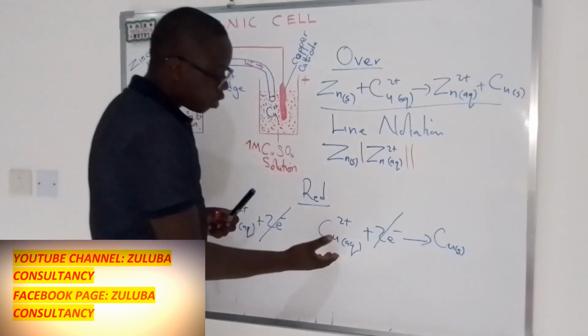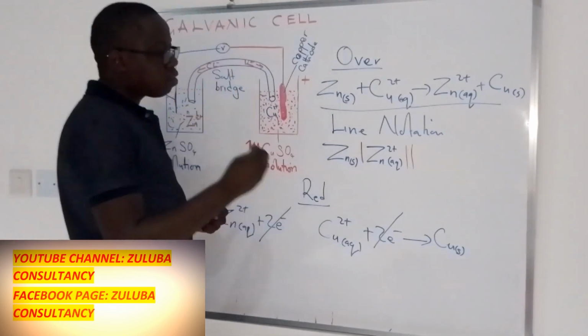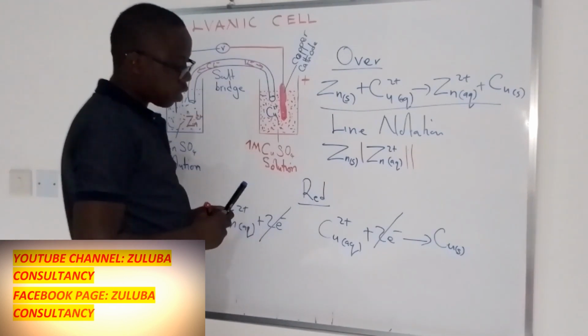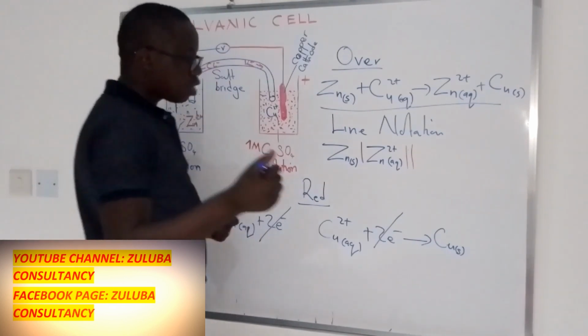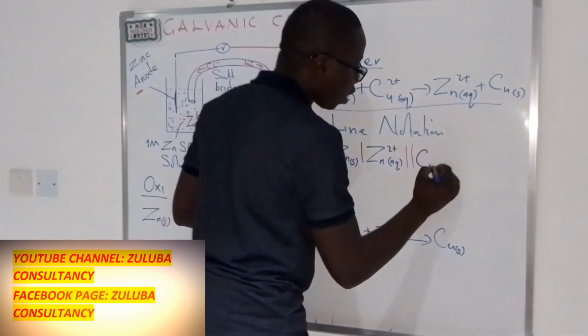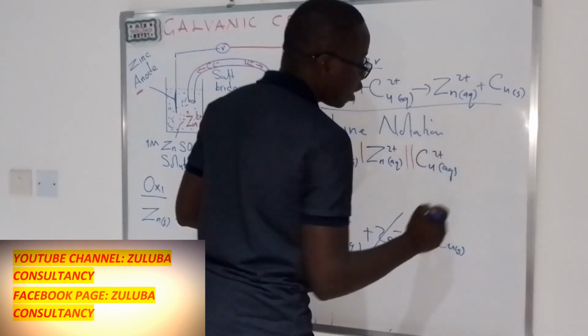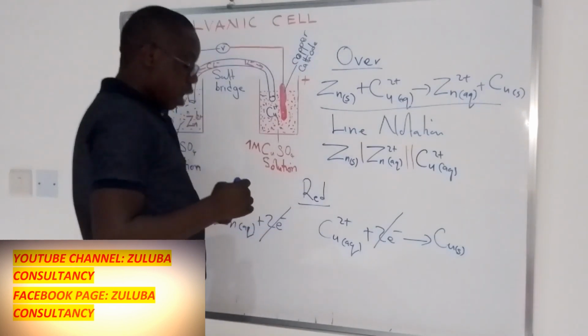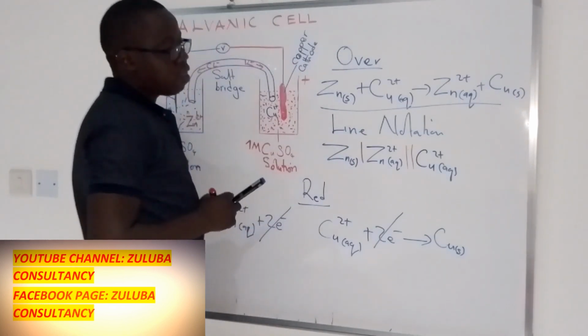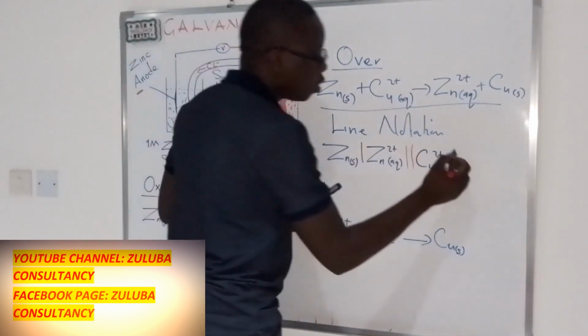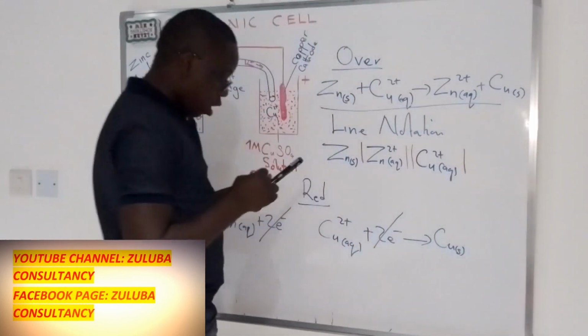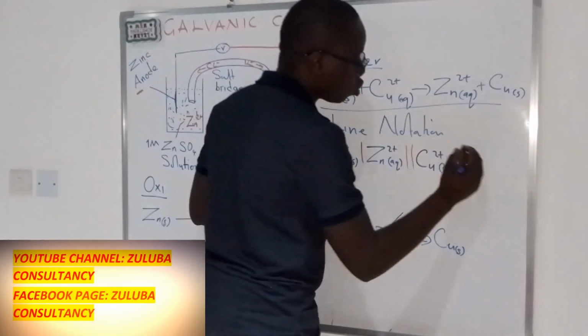Now, when we go to the reduction part, what is taking place there? We can see that copper ion in aqueous state is a reactant. Thereafter, it is producing copper metal.